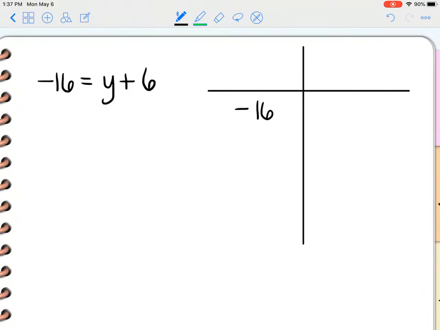Remember that vertical line is the equal sign, so it's coming right down through the middle of this problem. Now this time my variable is on the right side. And that's okay. My letter's on the right side. My constant is on the left, and that's fine.